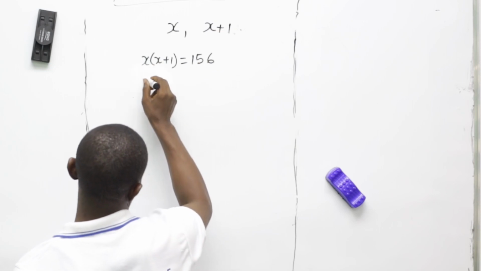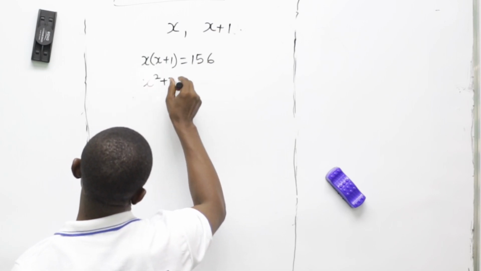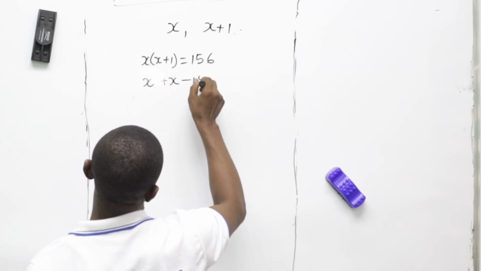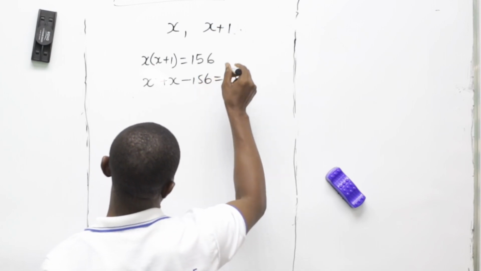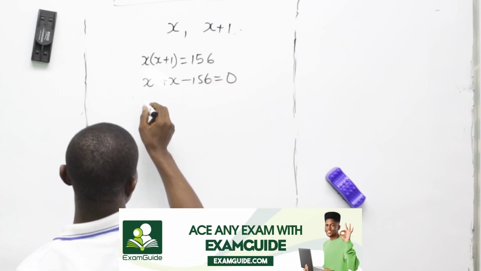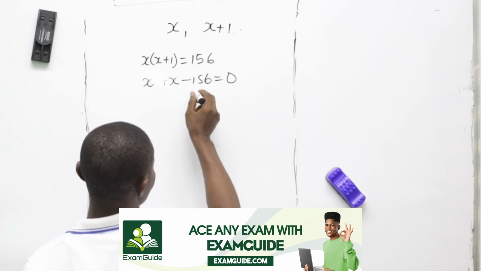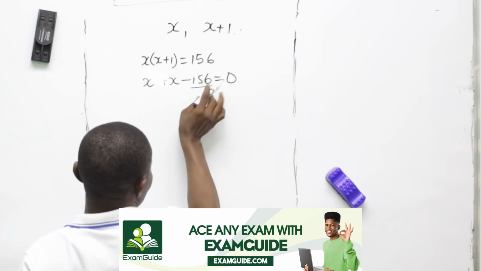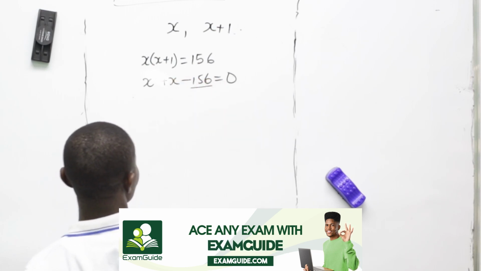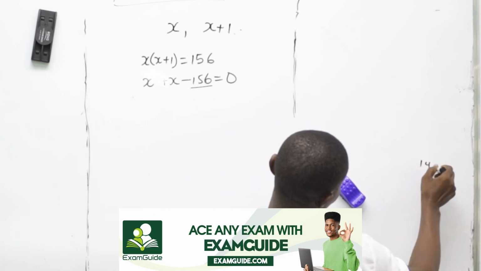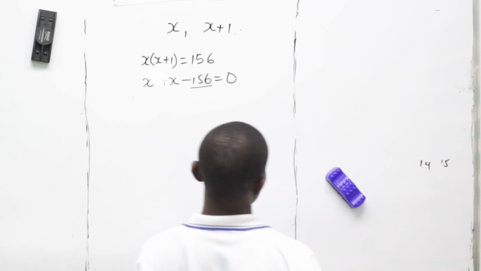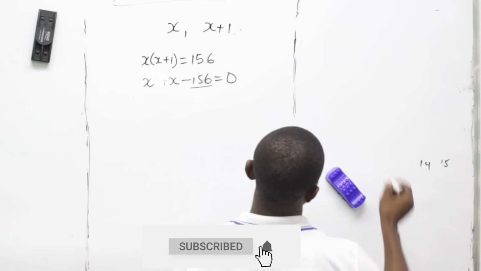Meaning x into x plus 1 equals 156, okay? x squared plus x minus 156 equals 0. Let us factorize, but before that, let's get two numbers that when we multiply give this, and when we add give this. I'm thinking about 14 and 15, but let us verify first.